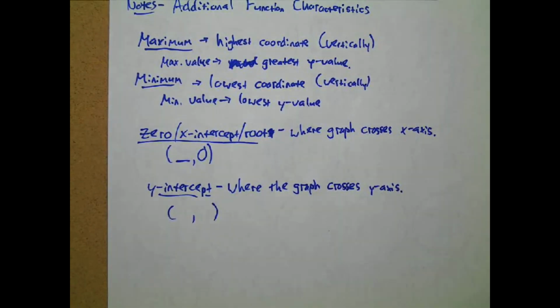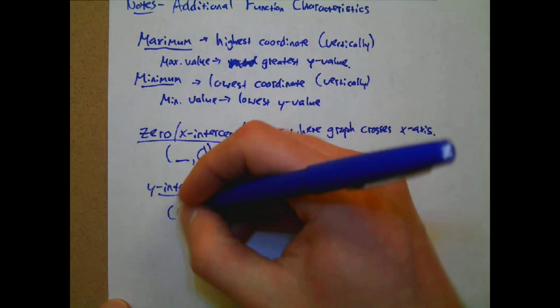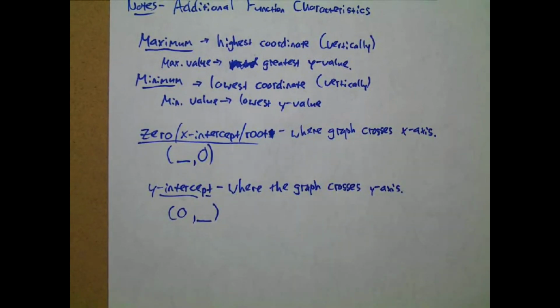If it crosses the y-axis, it's where the x-coordinate will always be 0 for a y-intercept, and then we'll put a little blank there for that. For a function, will we have more than one y-intercept? For a function, no. For a function, can we have more than one x-intercept? Yes. Right, okay, you only have one y-intercept.